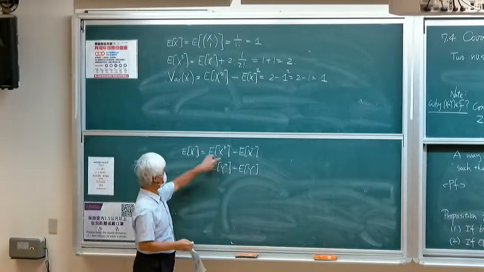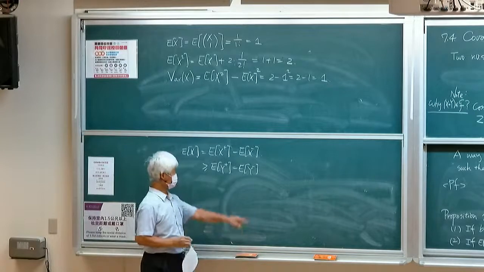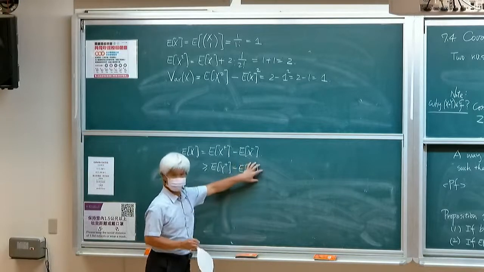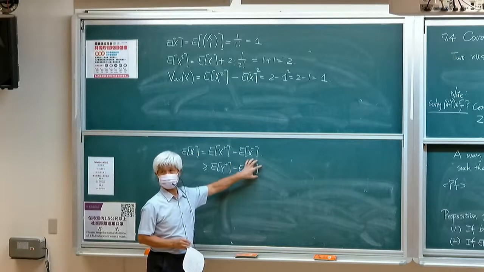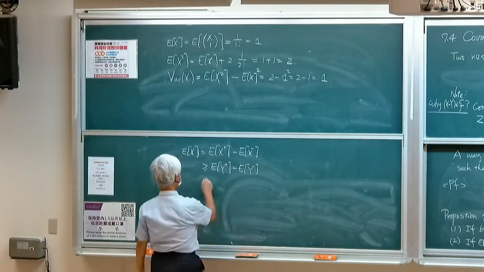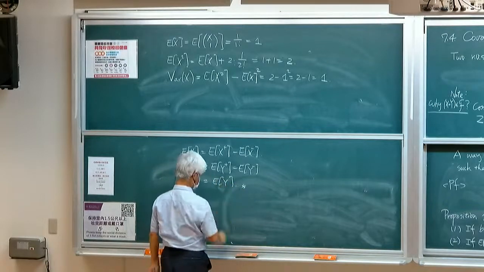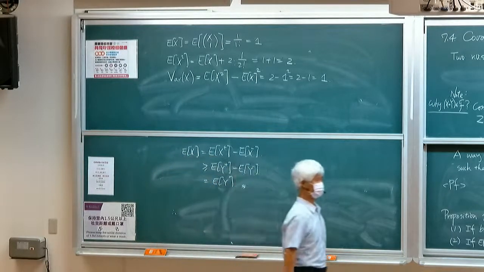And it's possible that this term is infinite. Okay, it's possible this is infinite, but that's fine. And this is expectation of Y. Okay, get the result.